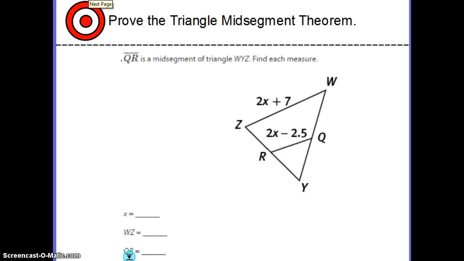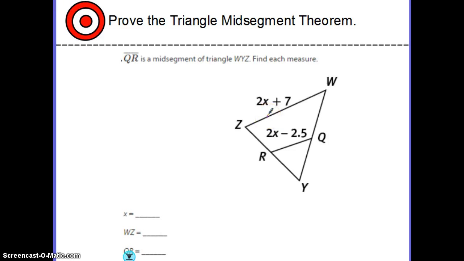Last but not least, QR is a midsegment of triangle WYZ. We want to find the measures. The first thing they ask us is, what is X? So we're going to have to set up an equation. I could think to set these equal to each other, but then I remember they aren't the same length. However, I do know that this is half the length of this one.